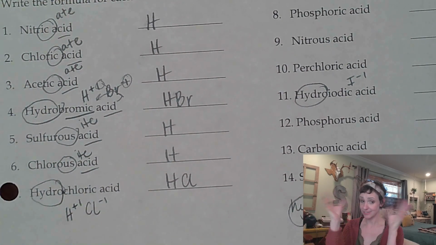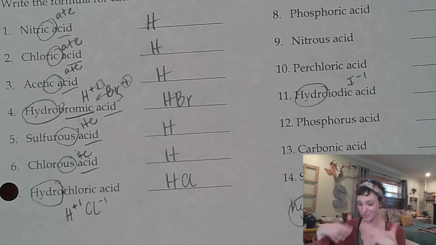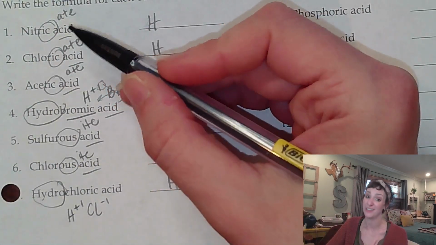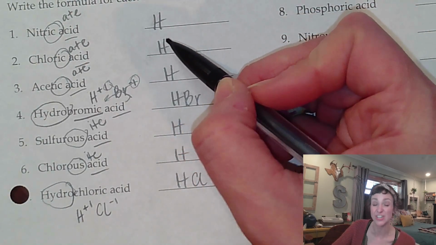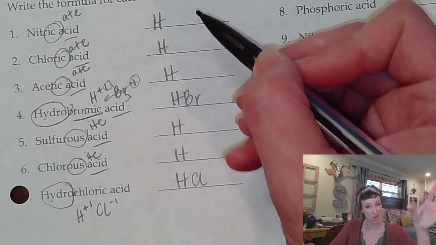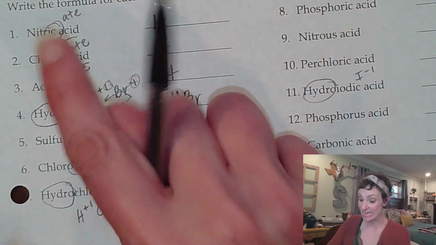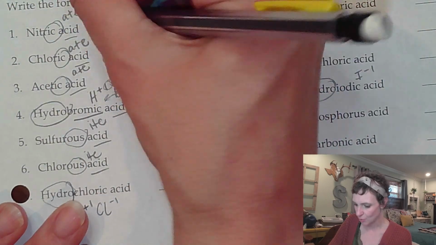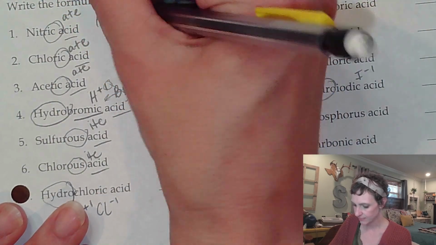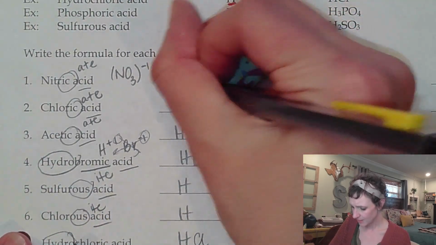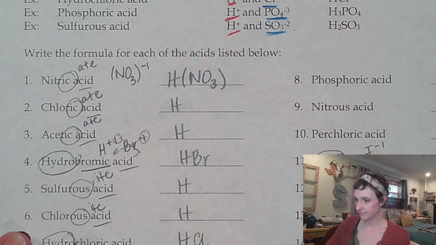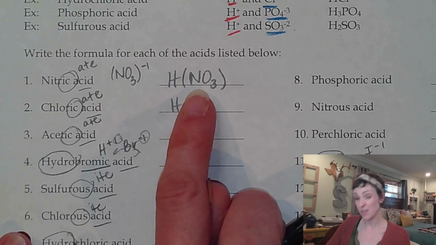Remember, hydrogen always has a +1 charge. I have to really pay attention to what the charge is on that polyatomic ion to see if hydrogen gets a subscript, if the charge on that polyatomic is anything greater than -1. So nitric acid, that is nitrate. But it's got a -1 charge, so 1-to-1 ratio. So I have HNO3. You can put the parentheses around it if it makes you feel better.